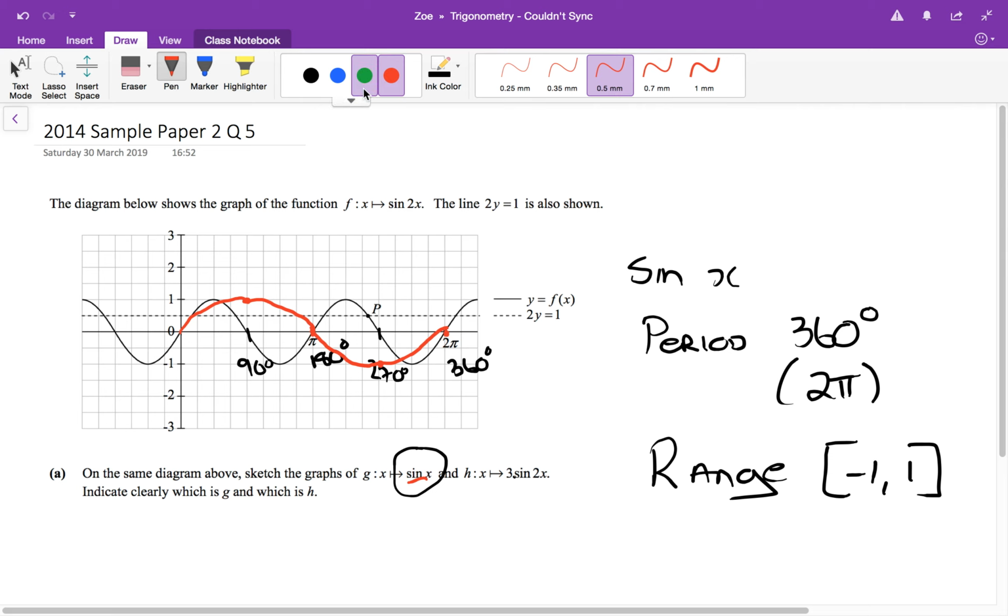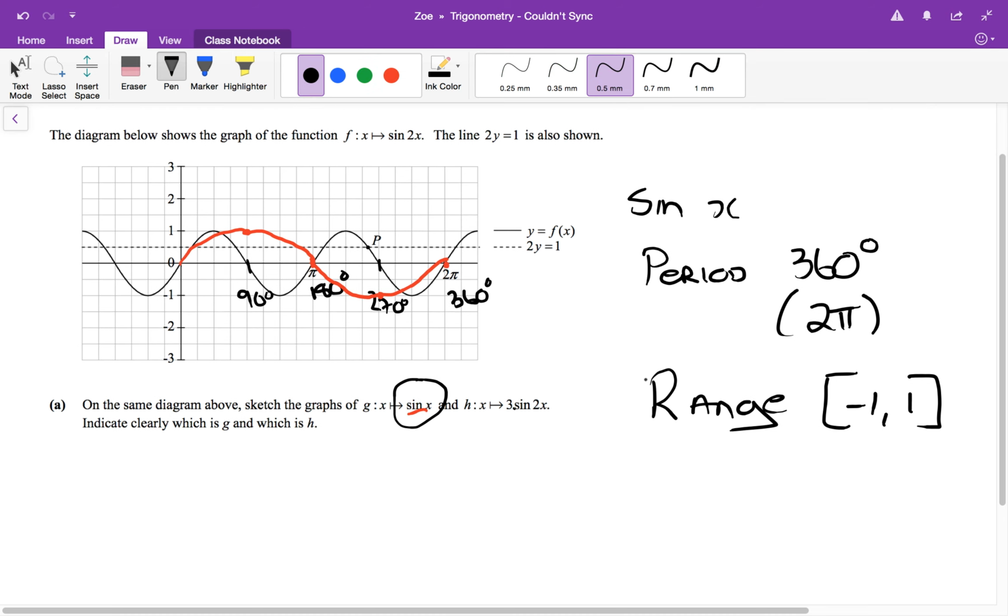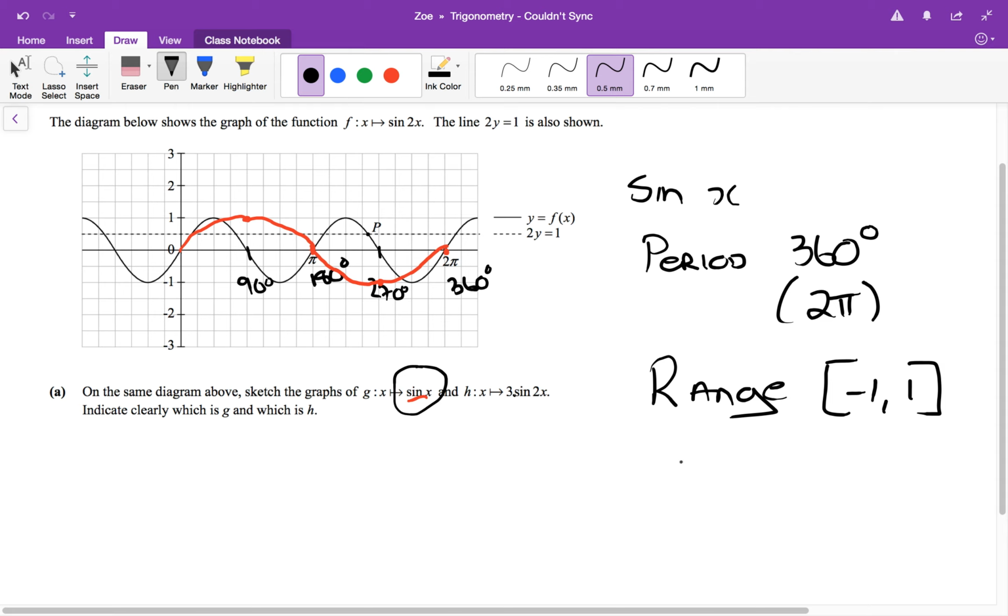Now the 3 sine 2x graph, you can do the same kind of thing. In the first one, this is a 1 and this is a 1. It's 1 sine 1x, whereas down here it's 3 sine 2x.